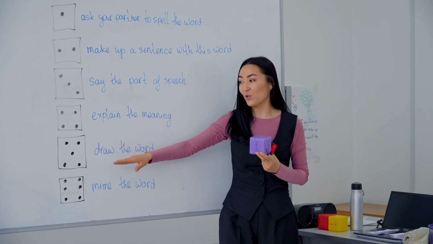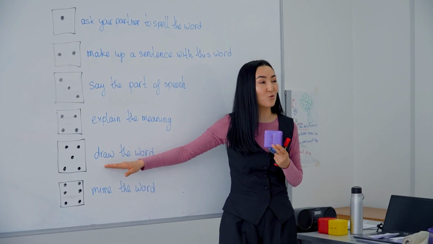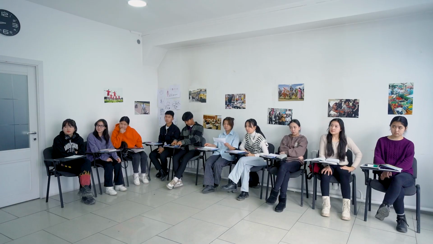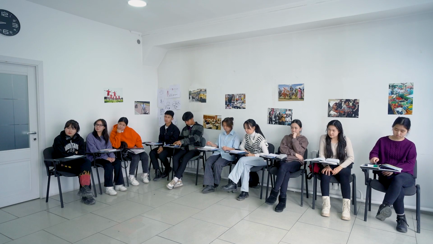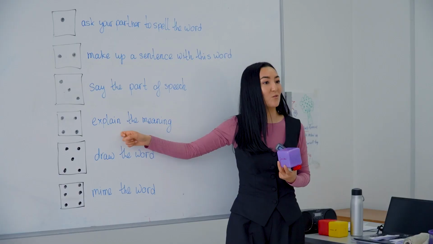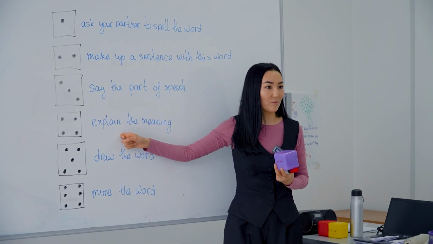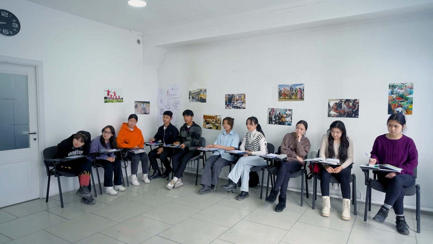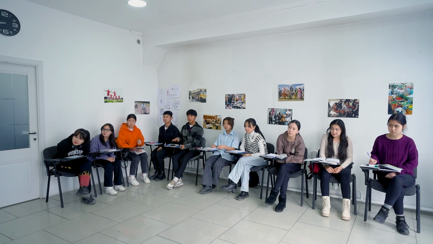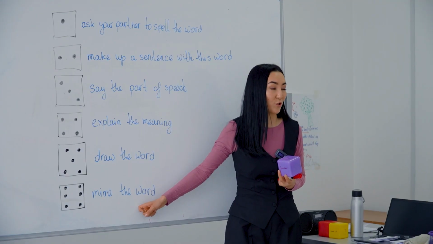So if your task is number 5, can you read the word to your partner? No. If your task is number 4, can you show or read the word? Of course not. Can you say the translation of the word? What about number 6? Guys, mime the word. If you are miming the word, can you read the word on the card?